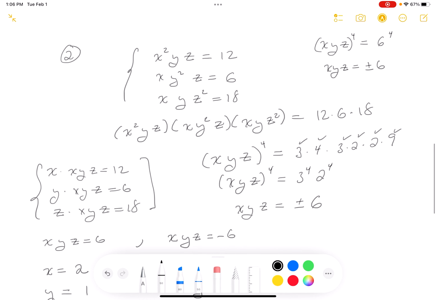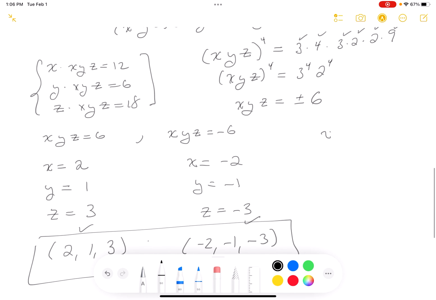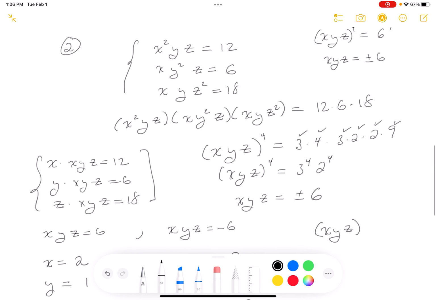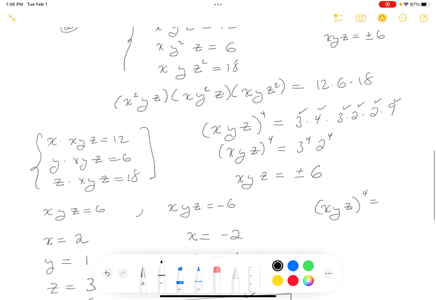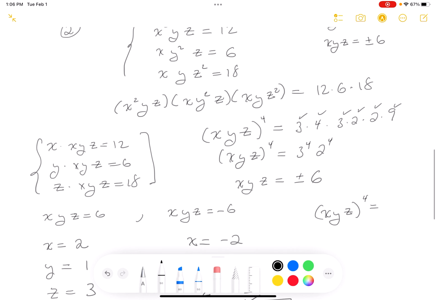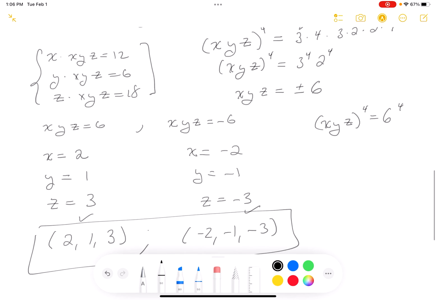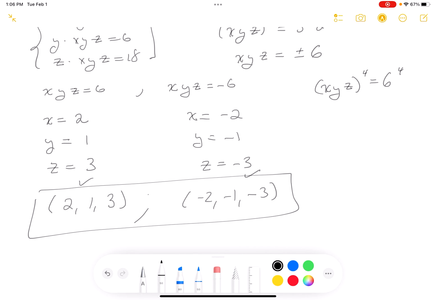Let me just talk about the complex ones briefly. So xyz, and again, I'm just writing down the fourth power, is going to be 6 to the fourth power, right? And the other answers that work, I'll write these down for you. xyz could be 6i, or xyz could be minus 6i.